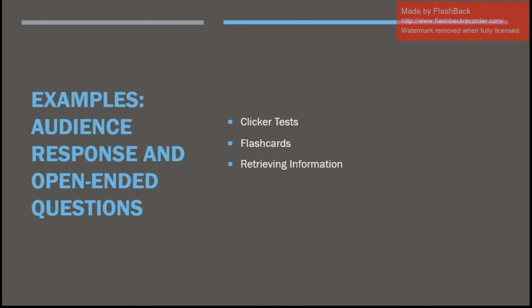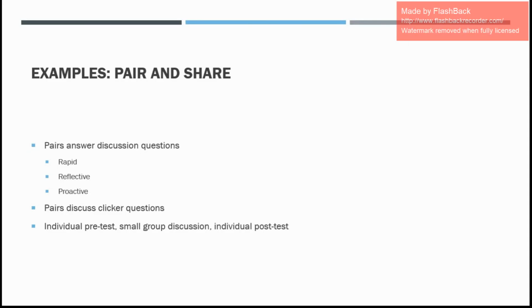So as long as students are having the opportunity to retrieve the information that's being learned, they are going to perform better at the end of the unit than if they wait until the very end to try and retrieve the information.